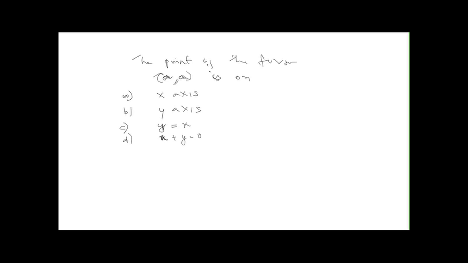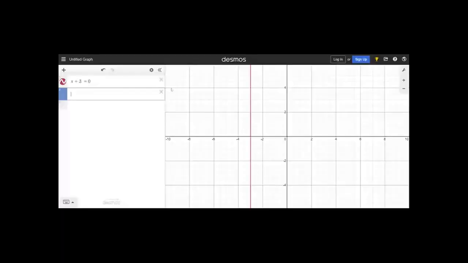Shall we see it on Desmos? No, ma'am. Option C is right, ma'am. Let us see on the graphing calculator, okay? Here we have a line x equal to y, right?